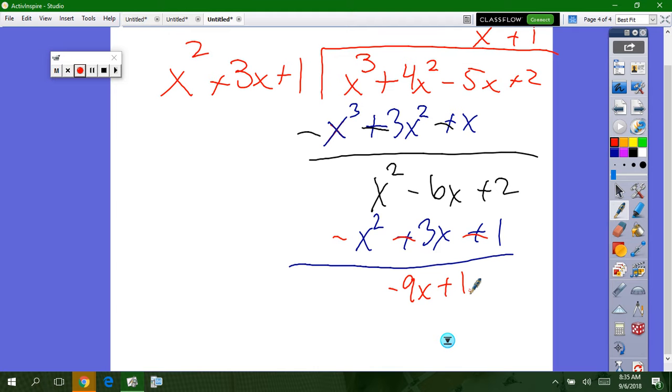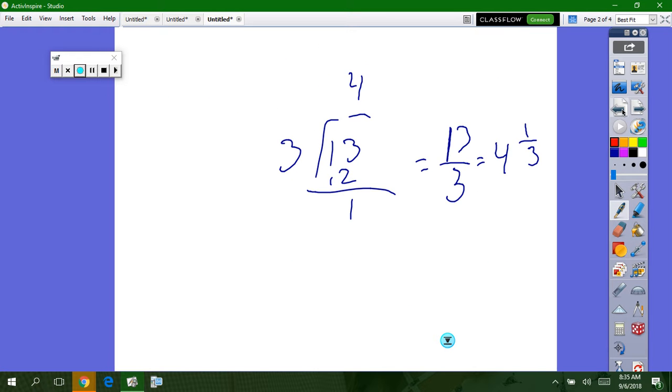Okay? How many times can x squared go into negative 9? It really can't, so we're done. Right? So what is this kind of like? This is like our remainder. Now, just like in our previous problem, if I had a remainder, I basically do the number plus the remainder over what we divided by. Would you guys agree with that?